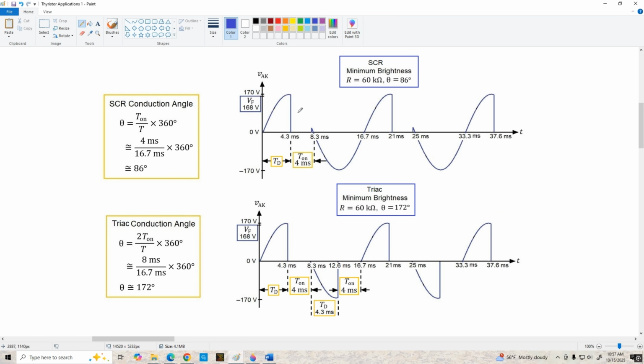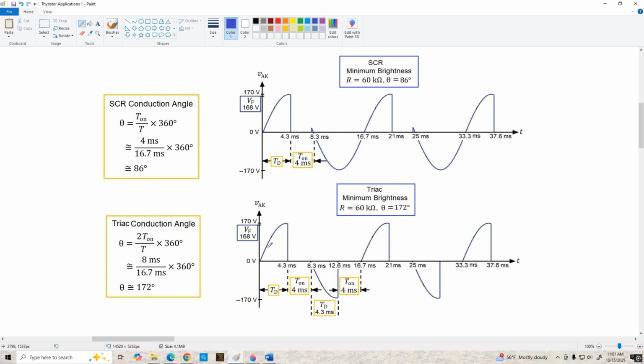And here's what the waveforms are going to look like in that case. For the circuit with the SCR, we get a theoretical conduction angle of about 86 degrees. And the theoretical conduction angle for the circuit using the TRIAC is twice that, about 172 degrees. Now, as we saw earlier in the video, when we look at the actual circuit in operation, even though we have a conduction angle of around 86 degrees, the bulb didn't light up with the SCR-based circuit.